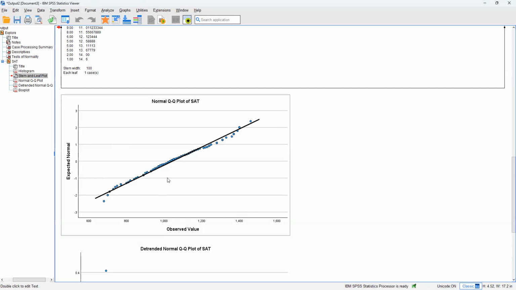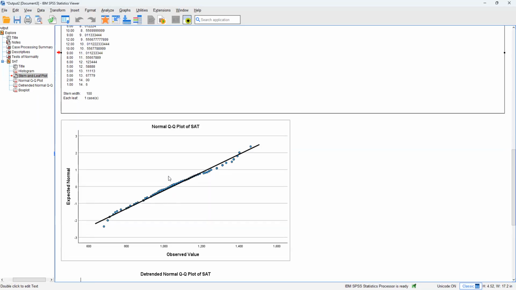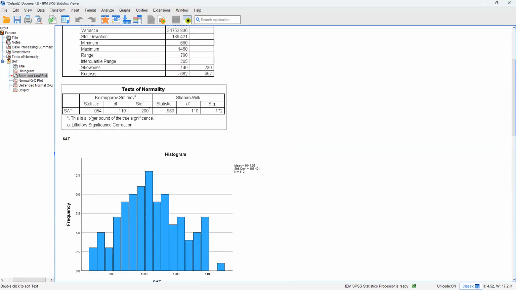Sometimes you have what looks like significant departures from that line. But it comes down to having experience looking at these plots. And like I said, it's more of an art form. The more reliable way to assess this, again, is the KS test, the Kolmogorov-Smirnov test.